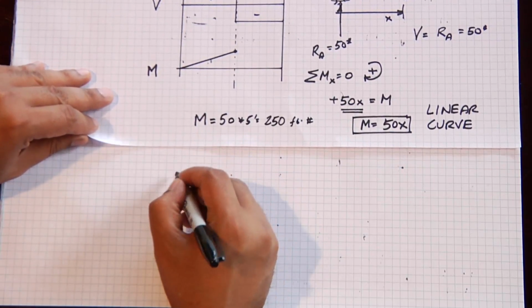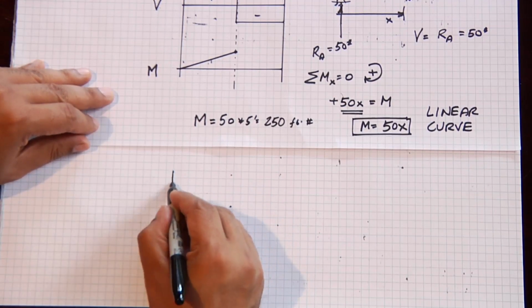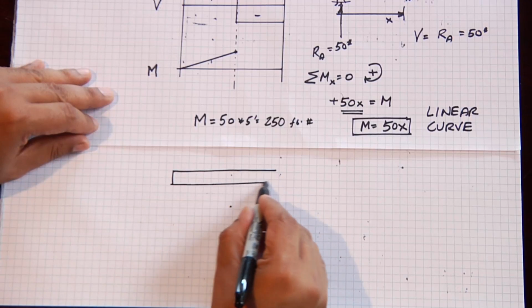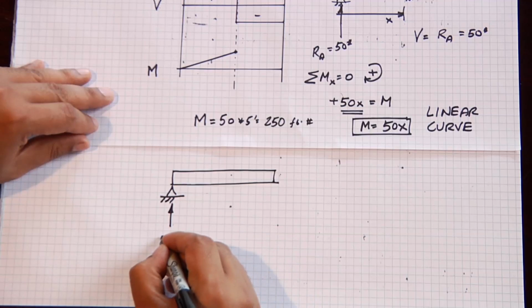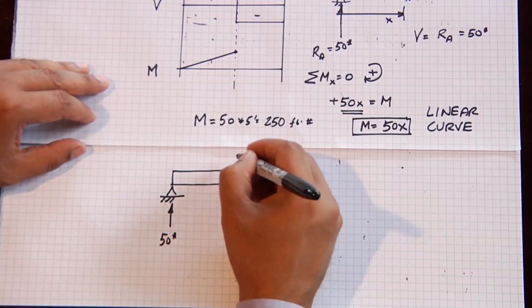And so on the right-hand side, if we go back and do a free body diagram now of the right-hand side of the diagram, we have our left reaction 50 pounds.